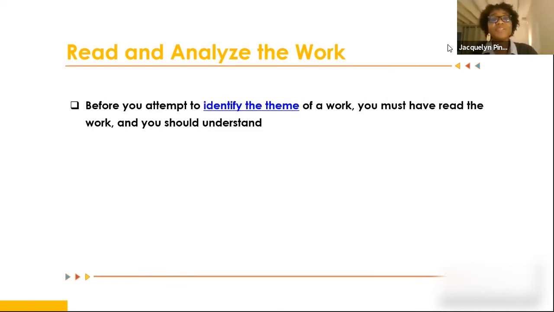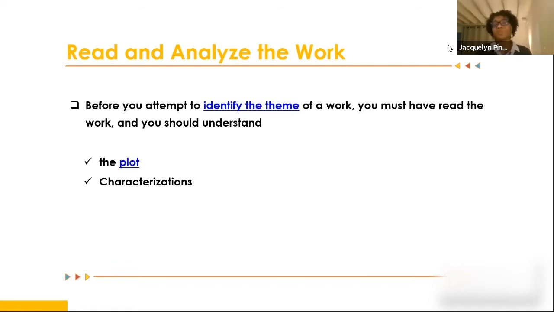So before you attempt to identify the theme of a work, you must have read the work, and you should understand what? The plot, characterizations, right? And I go back to Harry Potter just because it's fun. I know that in other pieces of work they may not be as fun because, like we said yesterday, you're not reading for pleasure, right?